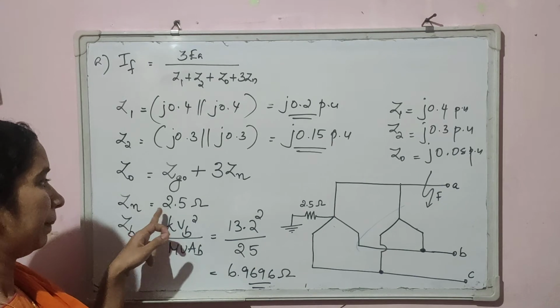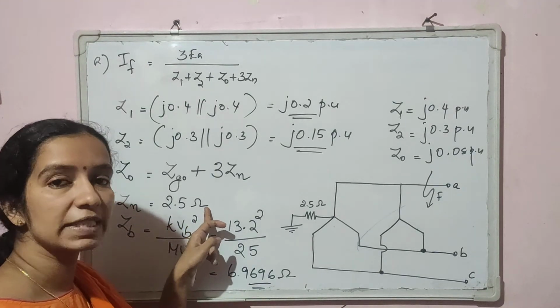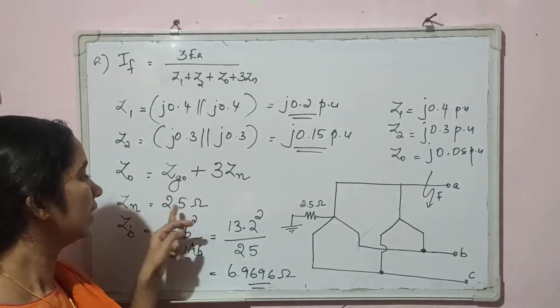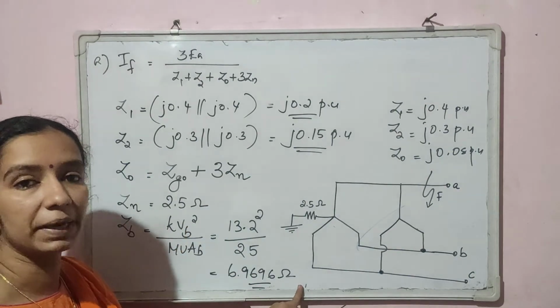Now, per unit value of the neutral grounding impedance can be obtained by dividing its actual value by the base value. Okay.